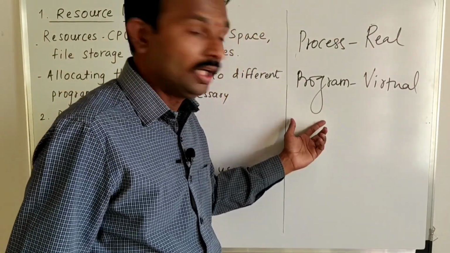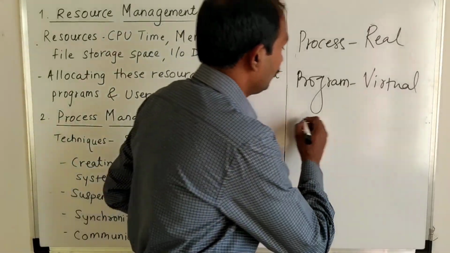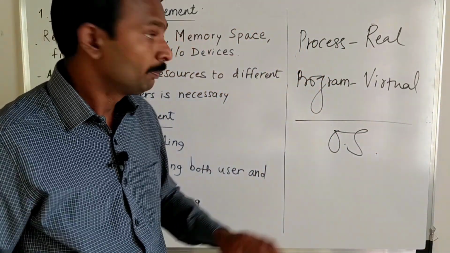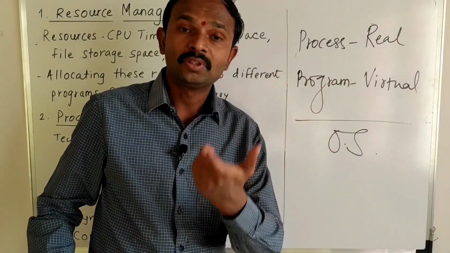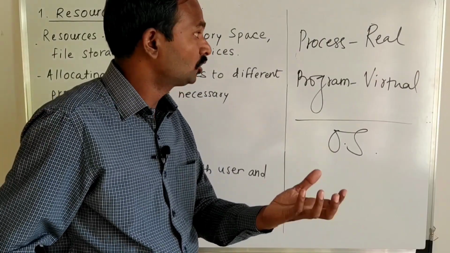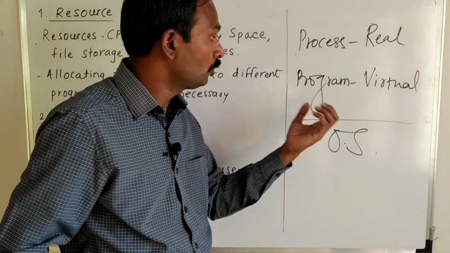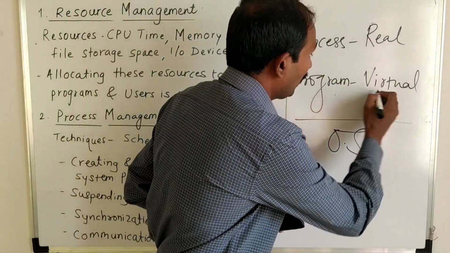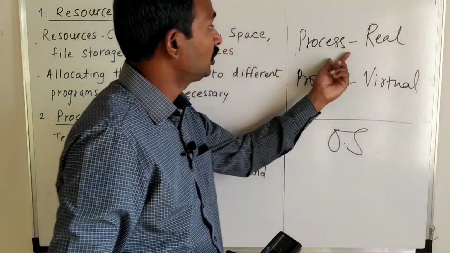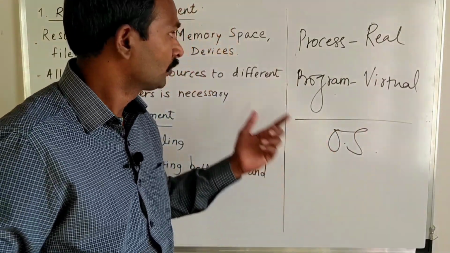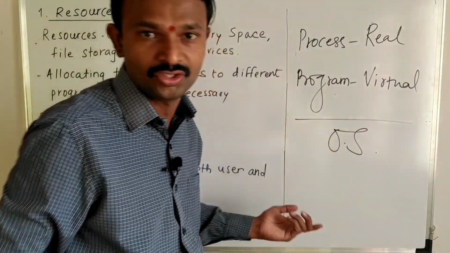Yes, dear friends, in operating system, we are going to focus more on processes, because to run the program there are multiple processes running in the background, and these processes are actually taking charge of your program to get executed. So it is said that the program is a virtual thing and the process is a real thing in an operating system. This is what we need to remember throughout this course of operating systems.